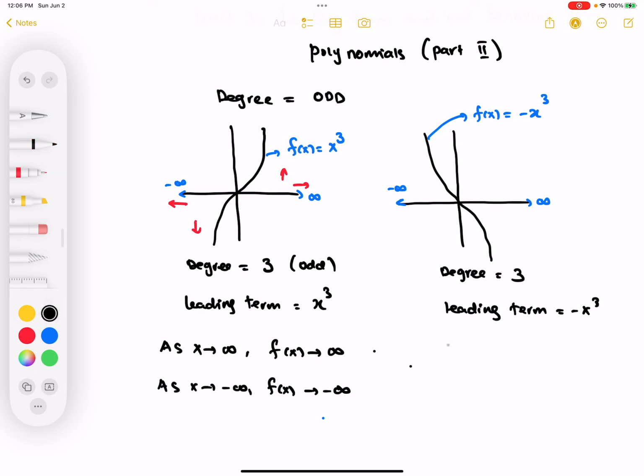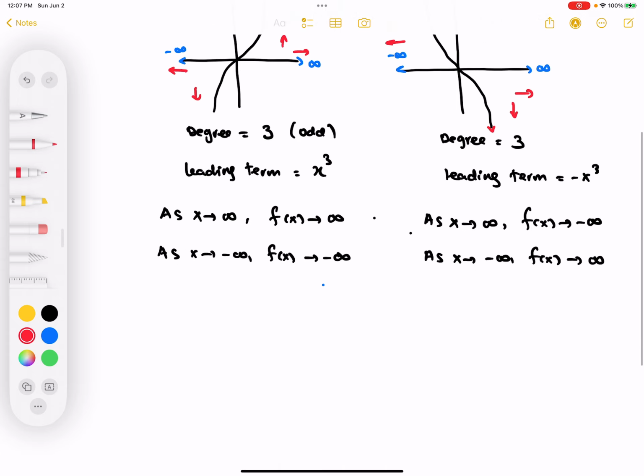The second one, with a negative coefficient: as x goes to positive infinity, f of x goes down, to negative infinity. As x goes to negative infinity, f of x goes up. Now you can look at the graph. So x goes to positive infinity, then the graph goes down, right? When x goes to negative infinity, it goes up. So these are the templates to analyze any higher odd degree polynomial based on this graph.